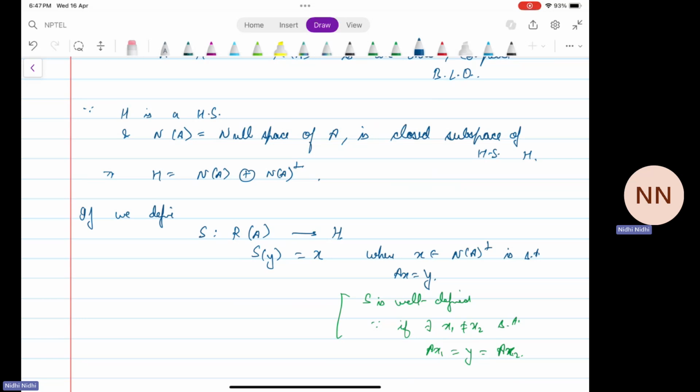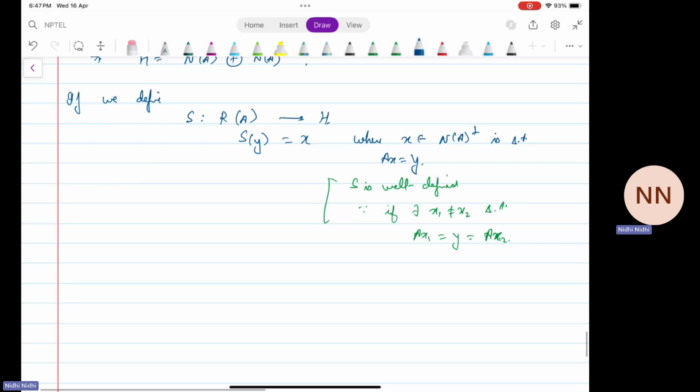Now, suppose there exist some x1 and x2 such that Ax1 is equal to y and Ax2 is also equal to y. In that case, Sy may not be defined. So, in this case, we will get A(x1 minus x2) is equal to 0.